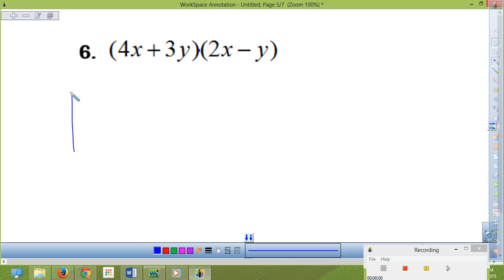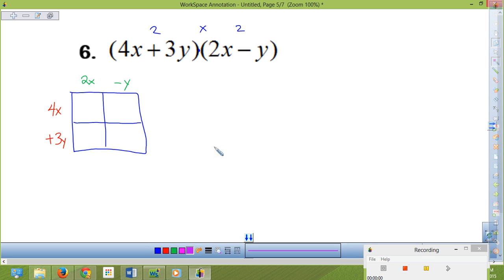So we're going to draw a box. Okay, and this is a 2 by 2 because it's 2 terms here, 2 terms, 2 by 2. Okay, so I'm going to write my first polynomial down the left side. And then I'm going to write my second polynomial across the top.